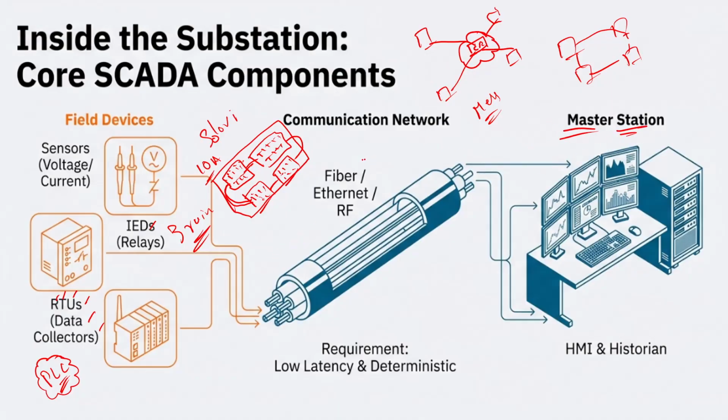So basically we will be using fiber, or else ethernet, or else we also have RF. I will talk more about the RF in a minute. So we have the ethernet. Ethernet is for 90 meters, as we spoke last class. So it is limited to 90 meters, and ethernet is of copper make.